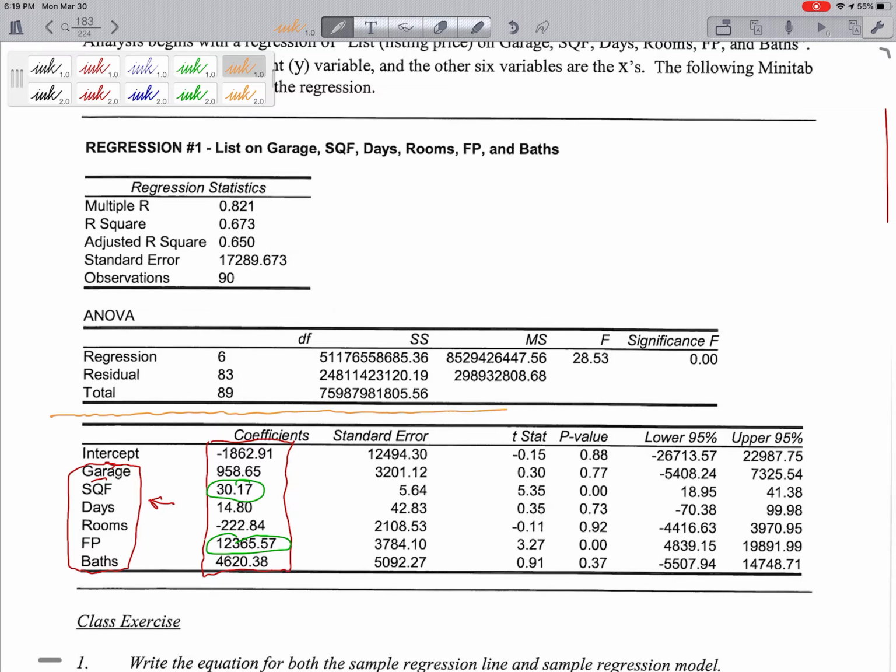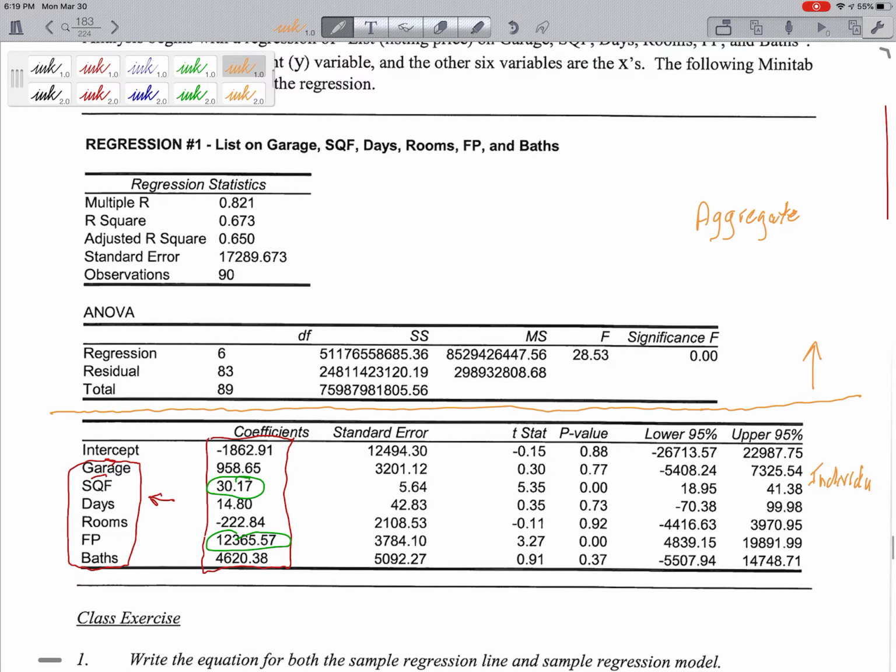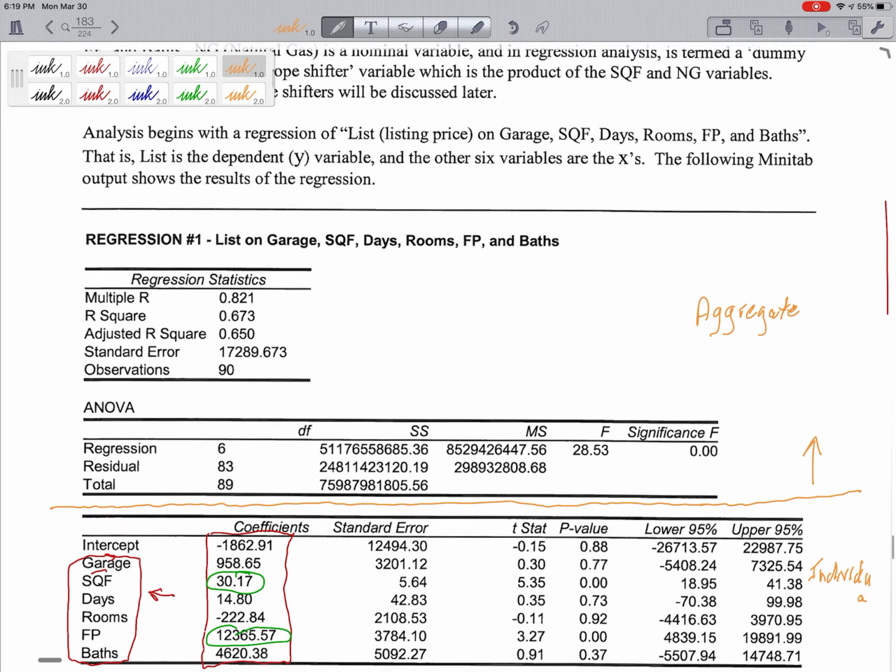But here I want to talk about this in your notes and say, if I was to draw a line here, this divides the table, the regression output, into 2 different parts. The stuff above the line is dealing with aggregate tests and measures. The stuff below the line is dealing with individual tests and measures.